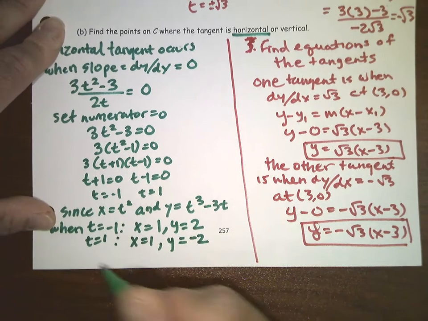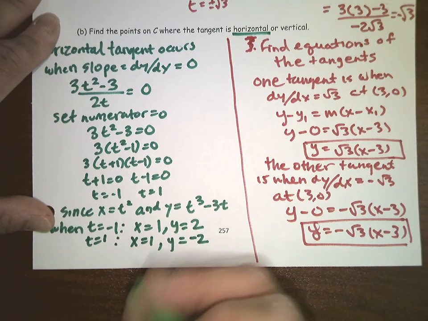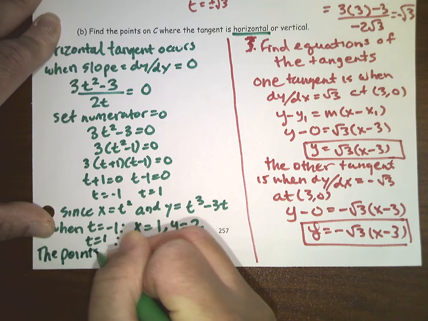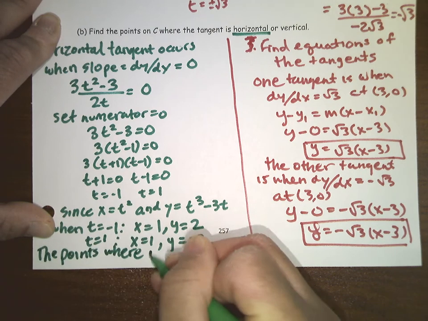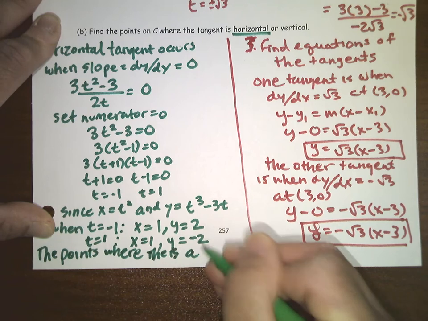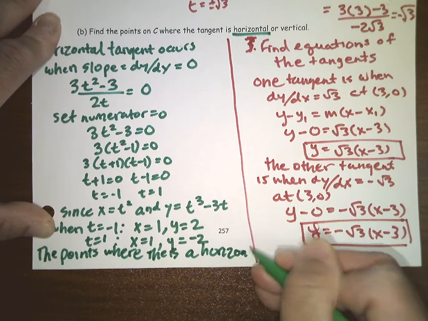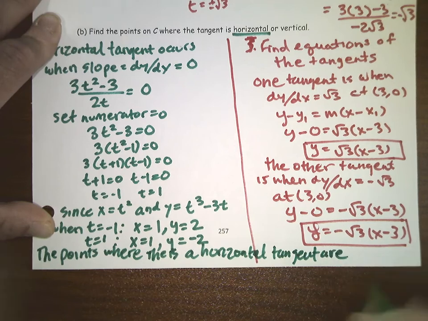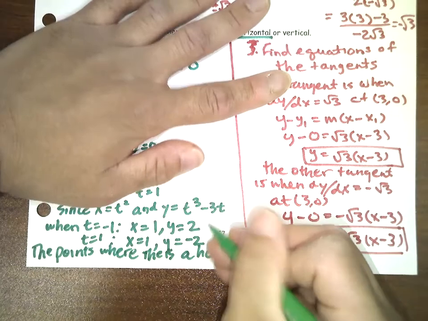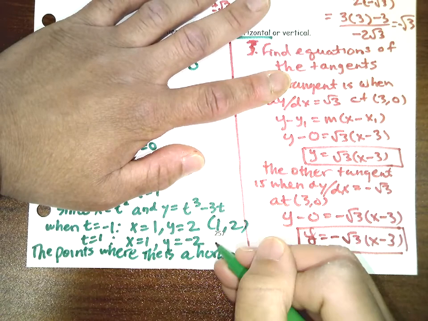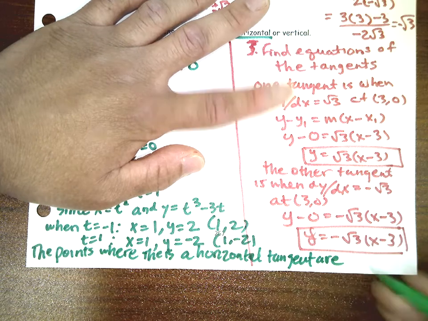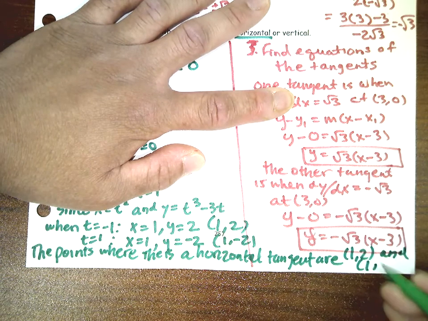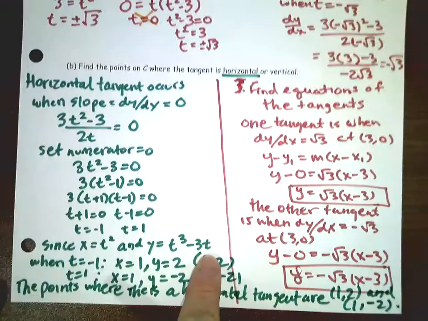So the points where there is a horizontal tangent are (1, 2) and (1, negative 2). All right, what a time to be alive.